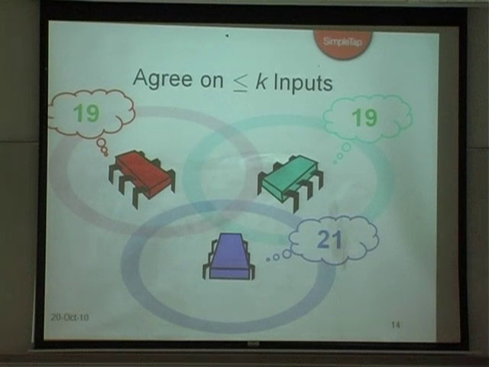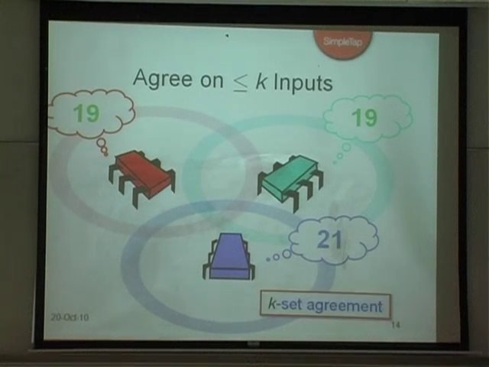So we'll say we'd rather that everybody agrees, but it's okay if the number of distinct values chosen is actually 2 instead of 1. So this is something called k-set agreement. So this is a weakening of the consensus problem. So consensus is one set agreement. So this is another problem that we'll examine as the course proceeds.